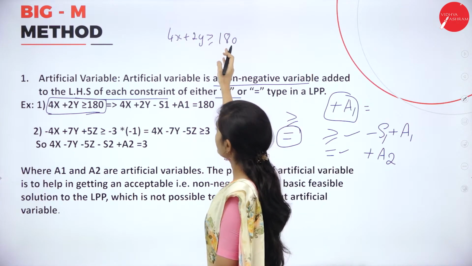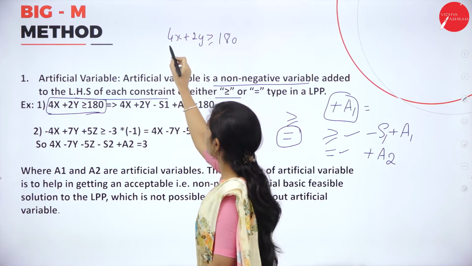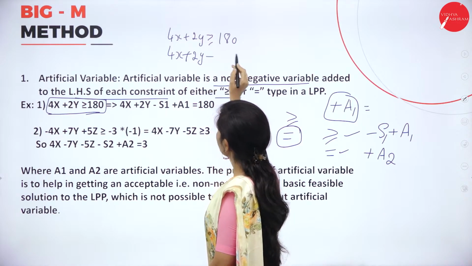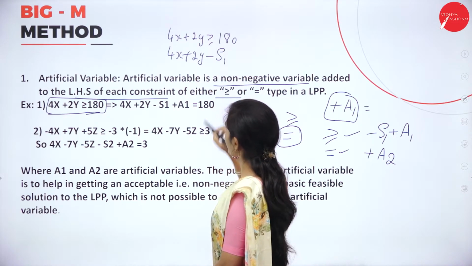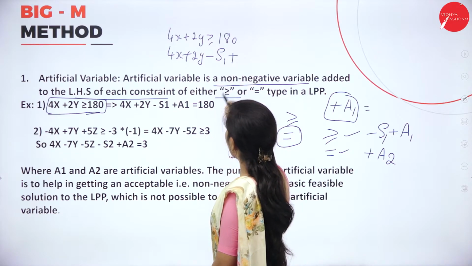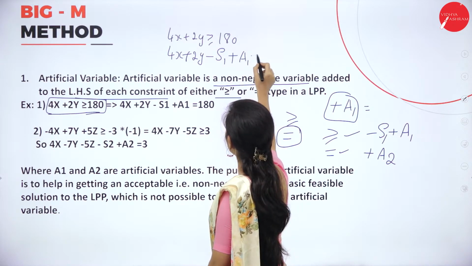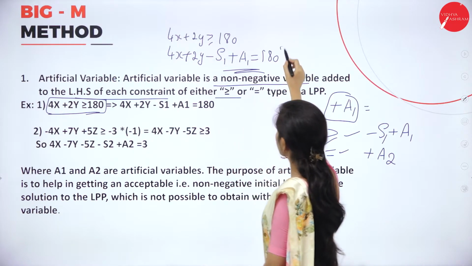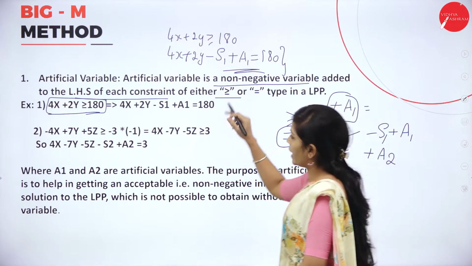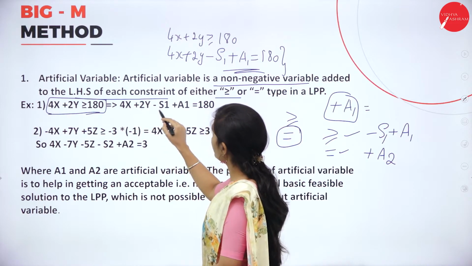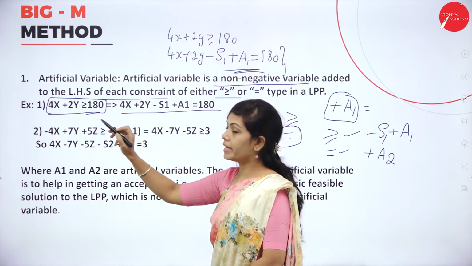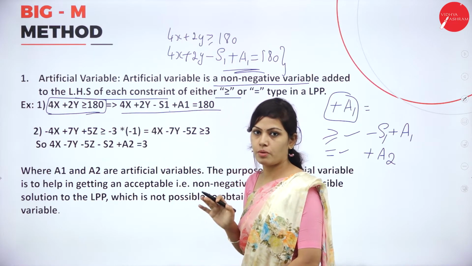I will convert this inequality into an equality by subtracting a surplus variable and adding an artificial variable. So now it is in standard form: 4x plus 2y minus s1 plus a1 is equal to 180.